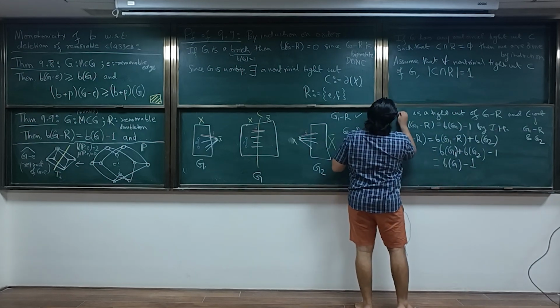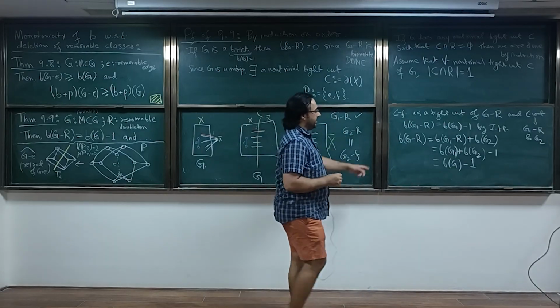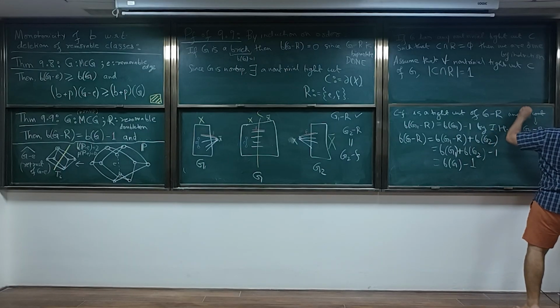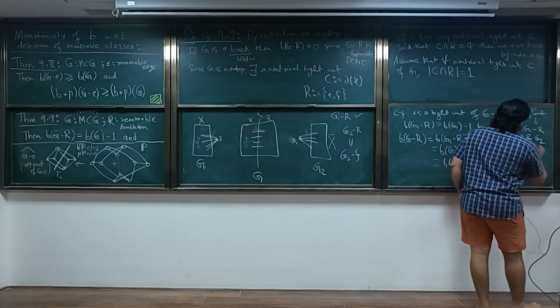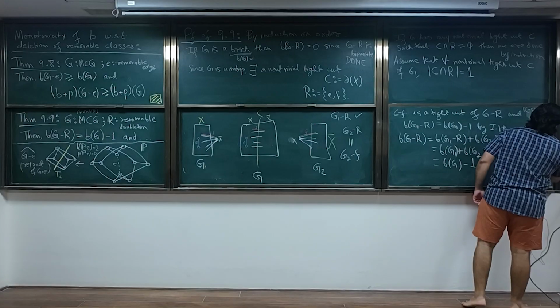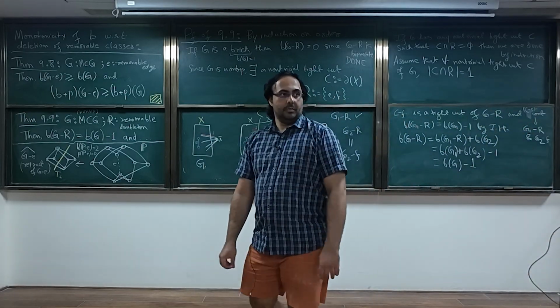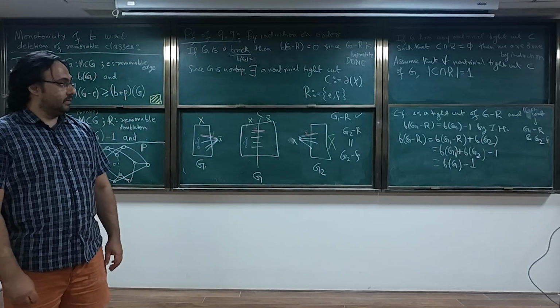So C minus F is a tight cut of G minus R, and the C minus F contractions are G1 minus R and G2 minus F. Yeah, these are the two C minus F contractions of G minus R.